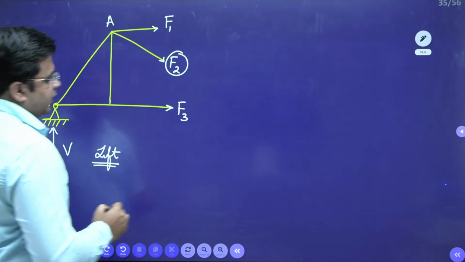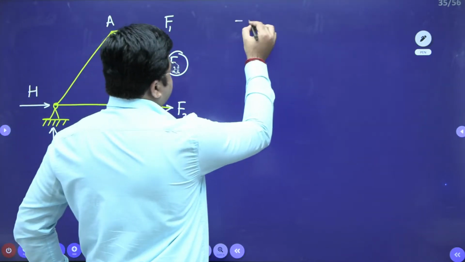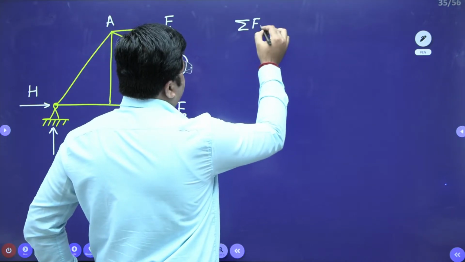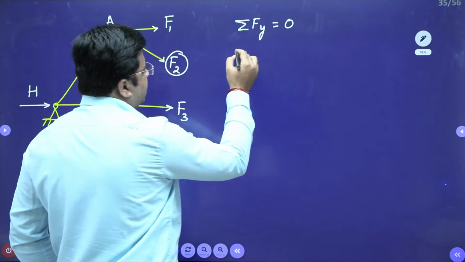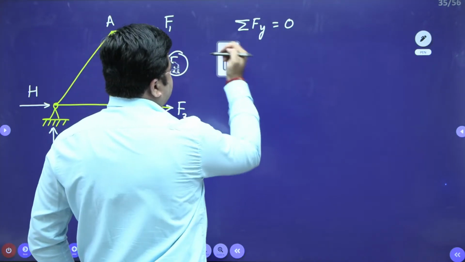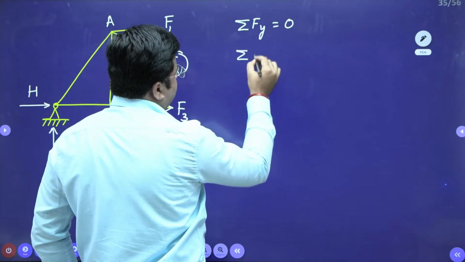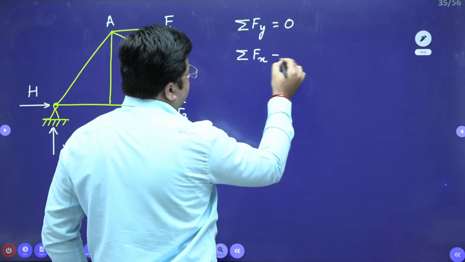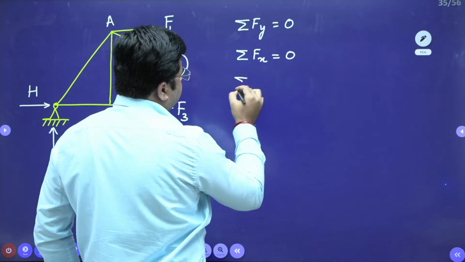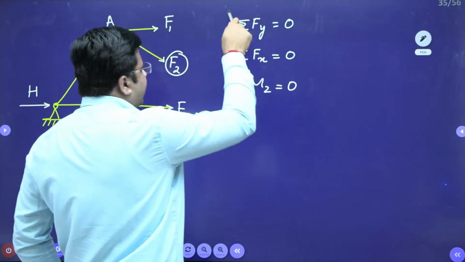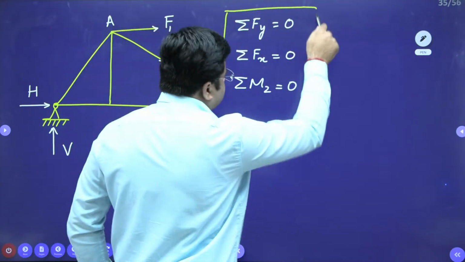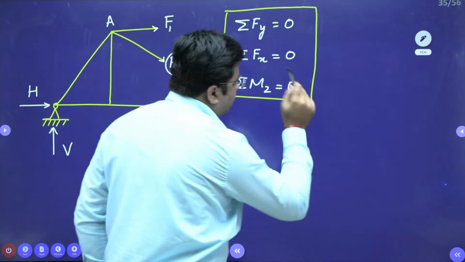For this left side, you can take the summation of vertical forces to be 0, or the summation of horizontal forces to be 0, and lastly you can take the summation of moment about any point to be 0, and using these three equilibrium equations, you can analyze all the unknown forces.